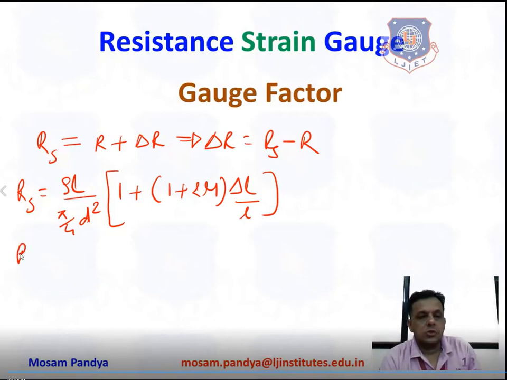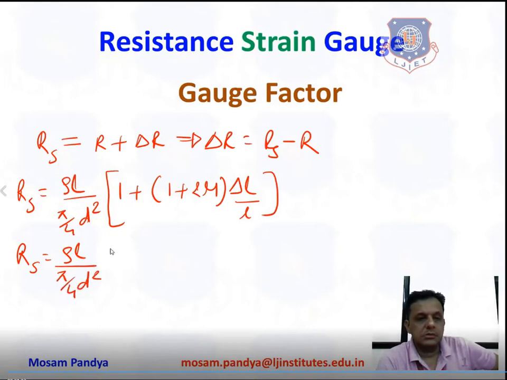So what is RS? We are opening the bracket, so I am multiplying rho L by pi by 4 d square to the entire bracket, and hence the equation will become like this.